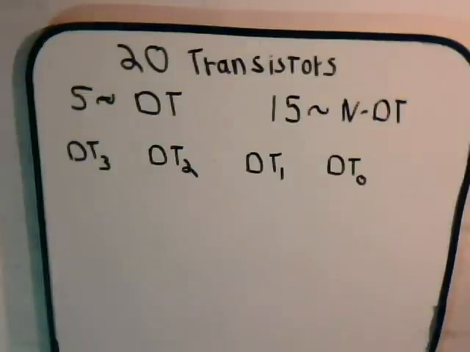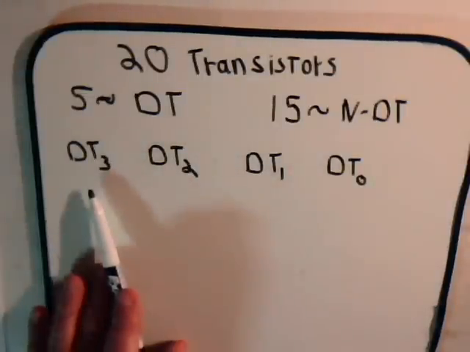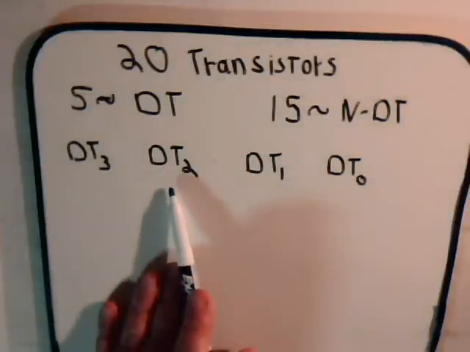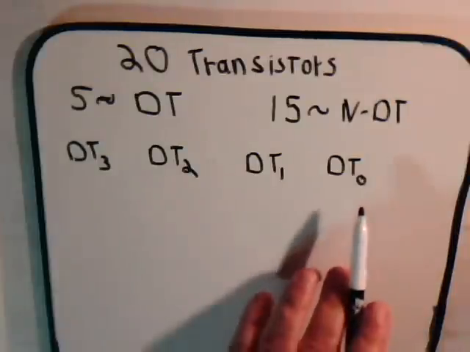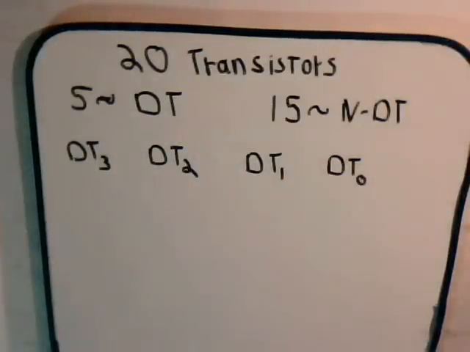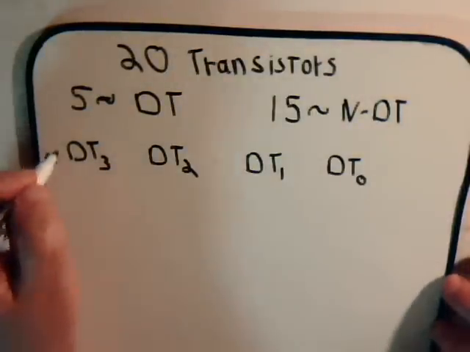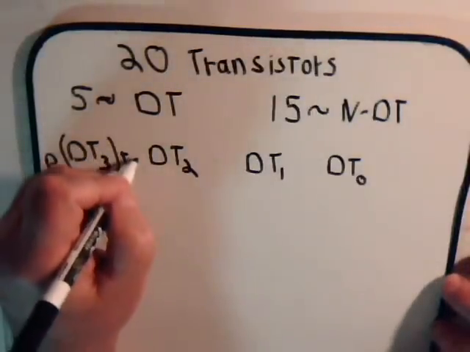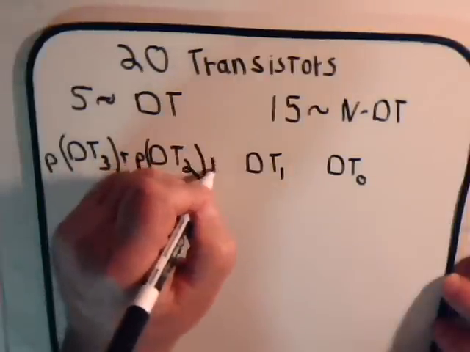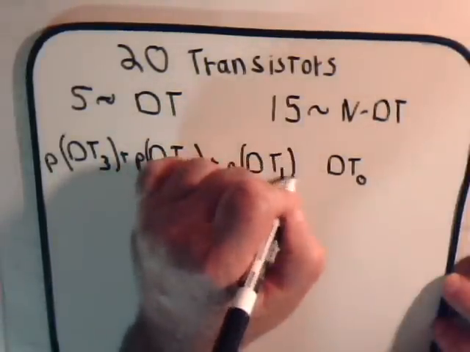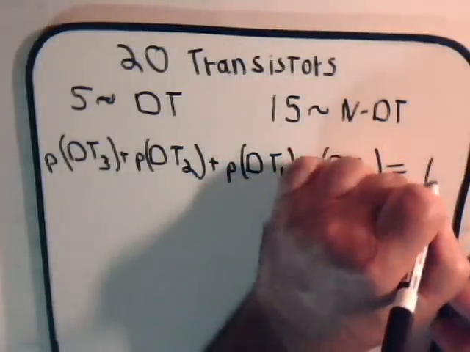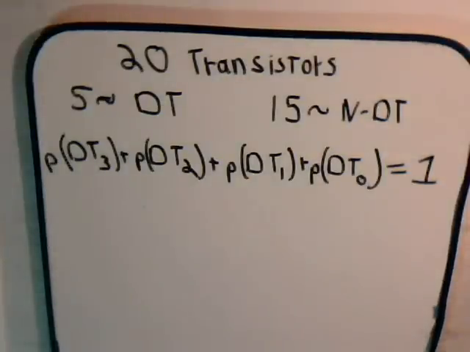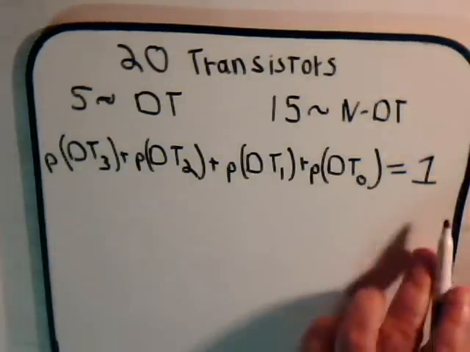Now, if we consider the probability of this event, plus the probability of this event, plus the probability of this event, plus the probability of this event, these are all the possible ways that we could select the 3 transistors. So the probability of all of these has to add up to 1. Now, let's bring this over to this side of the equation.